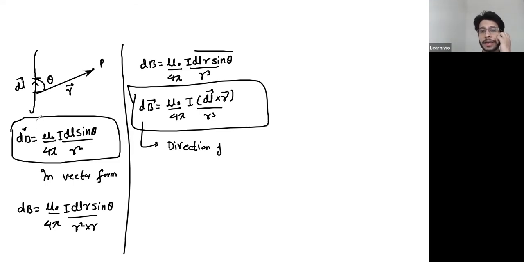A vector can come from a cross product only. So just to write the right hand side in cross product form, I'm using it. The direction of the magnetic field is perpendicular to both dl as well as r.